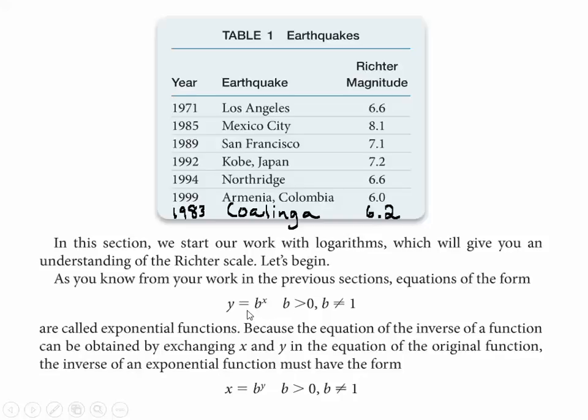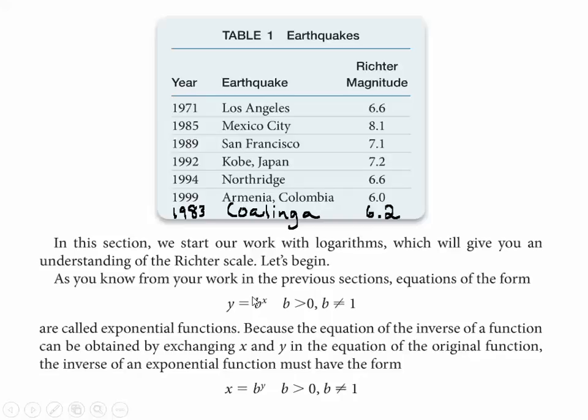First of all, notice on the last two sections here, there was never a time where the base was a negative number. If there's a negative number in here, it just doesn't make sense. So whole numbers are fine. Fractions are fine, right? Like 1/3, we did 1/3. 1/2 is fine, 1/4 is fine.